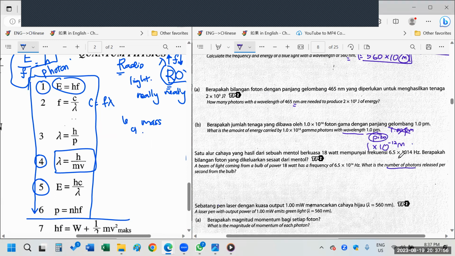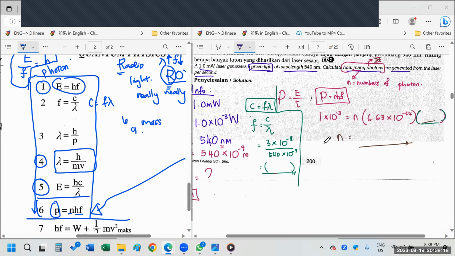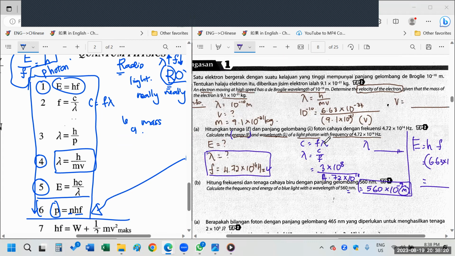Number of photons is n. If they give this, the formula is: power equals number of photons times hf. This one I already showed in page 200. Sorry, I recorded.